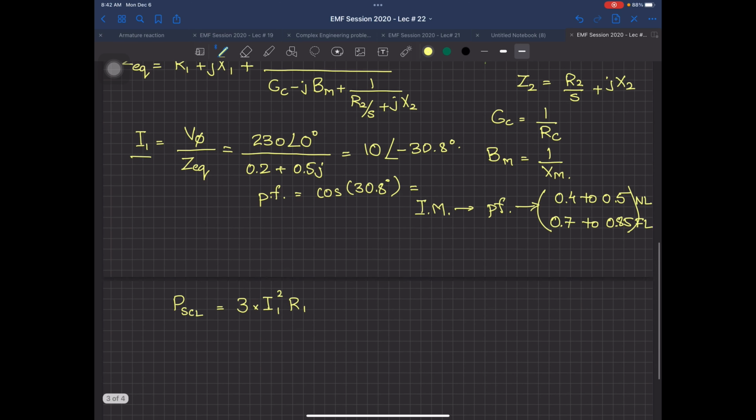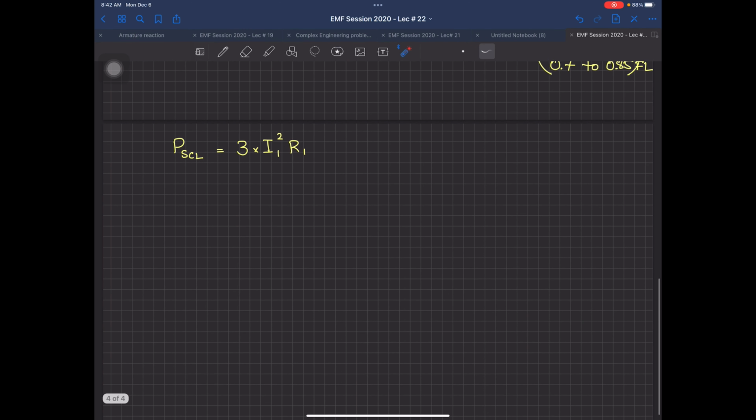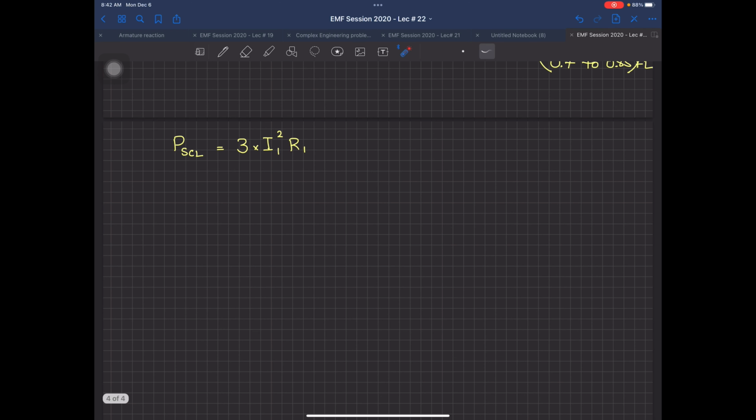We are having the circuit diagram or the equivalent circuit for 1 phase over there. So whatever losses you encounter in this resistance, I1 square R1, you are going to multiply it by 3. So this is going to be the total stator copper losses. SCL here stands for the stator copper losses of your machine.